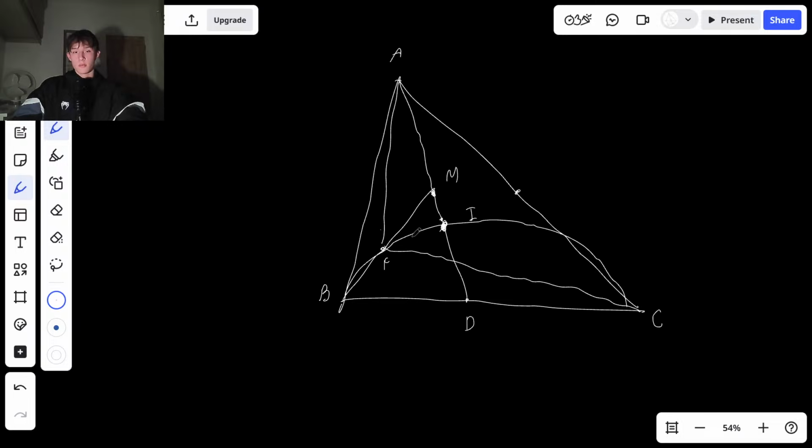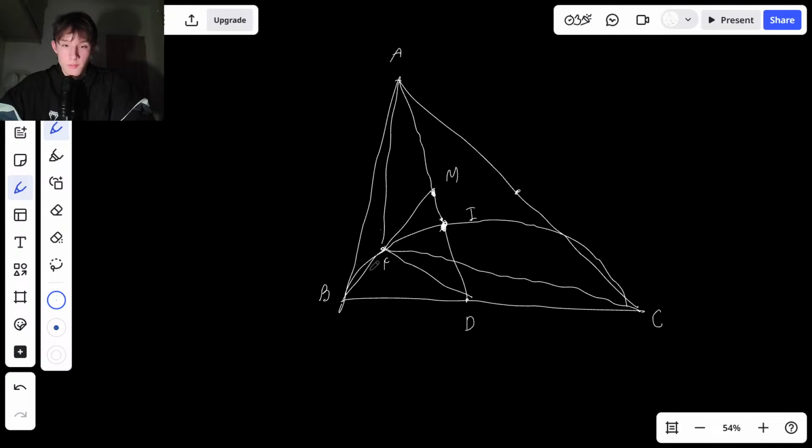Oh, wait. Maybe F is like the Humpty point for this thing. Because we know that this angle here is 90 minus alpha. That's the only angle we know, or is it? Because surely maybe BFD or AFB is tangent to this thing here, which could help us a lot.